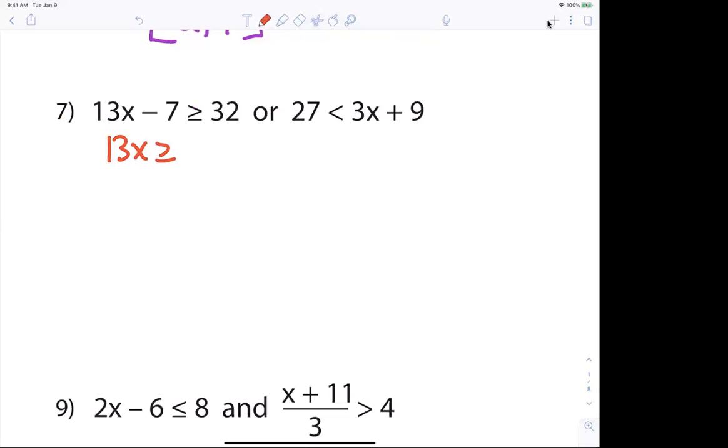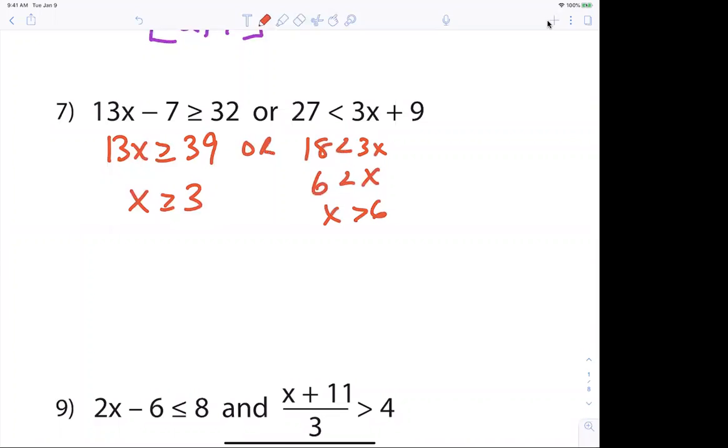13x is greater than or equal to 39, so x is greater than or equal to 3. Or 18 is less than 3x, so 6 is less than x, or x is greater than 6. All right, so now you got to think about it again. I like to do the number lines just to make sure I don't make a mistake.